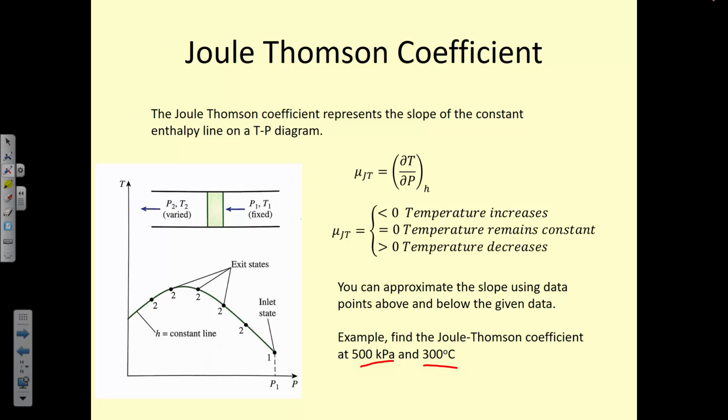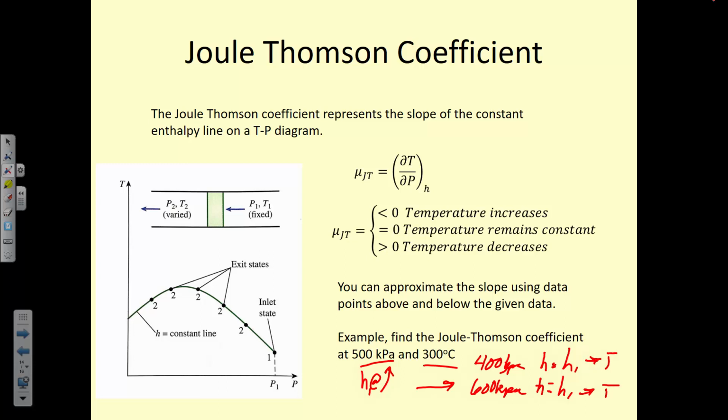So for a given constant enthalpy line, we find H at this value, and then we go to 300, 400 kilopascals and 600 kilopascals, where H is equal to this H1, and we find a temperature, right?